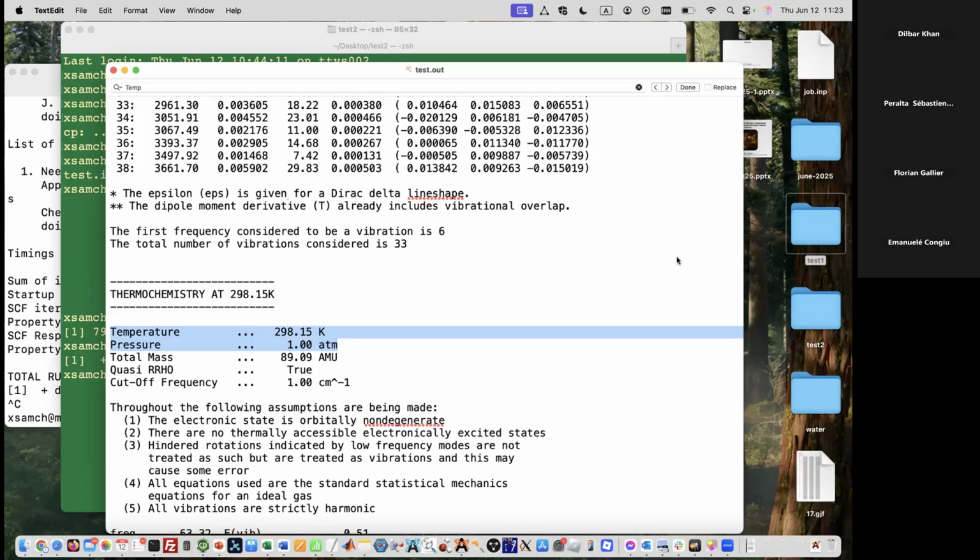Sometimes it may go more than 16, maybe 100 or even more, depending on the starting structure. So if it is not really converged, you can use the optimized current geometry as a starting point to restart the computation.